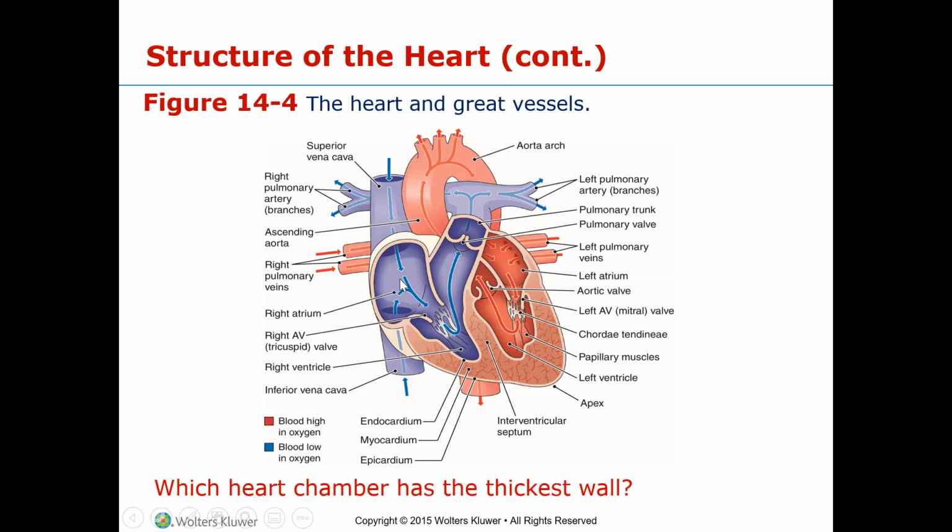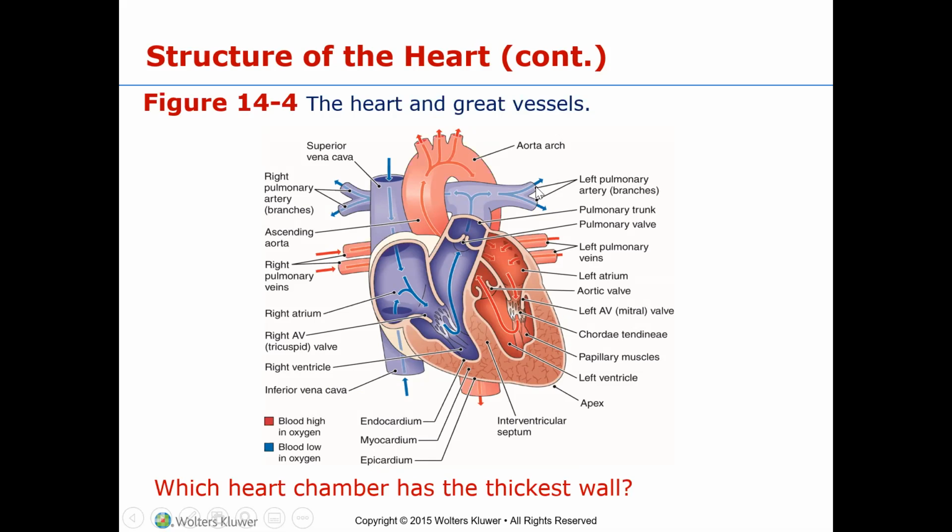And then when a contraction occurs in that right atrium, it's going to pump that blood to the right ventricle through a valve, and then out to the pulmonary arteries and on both sides, the right and the left side, to go to the lungs to receive some oxygen.